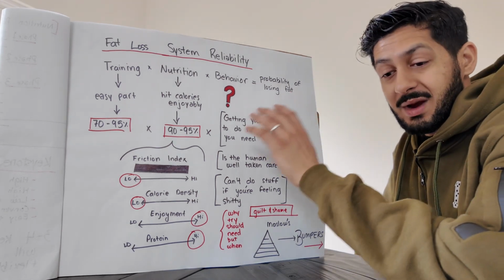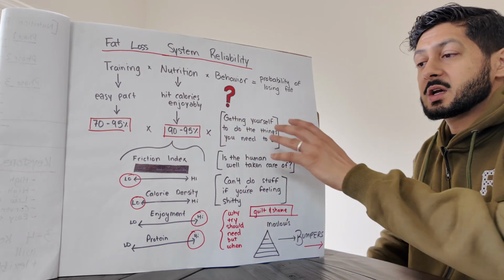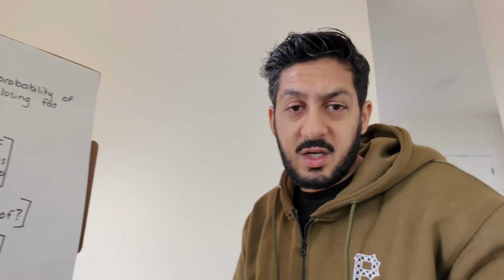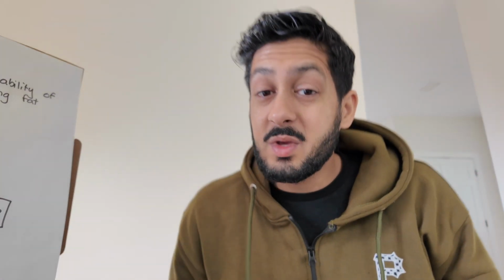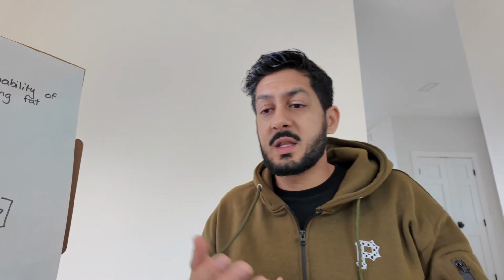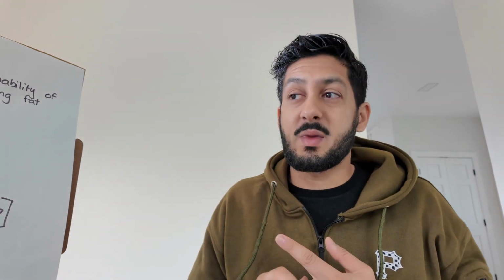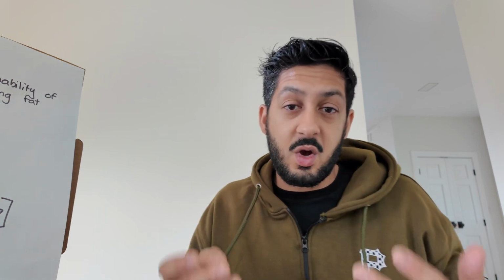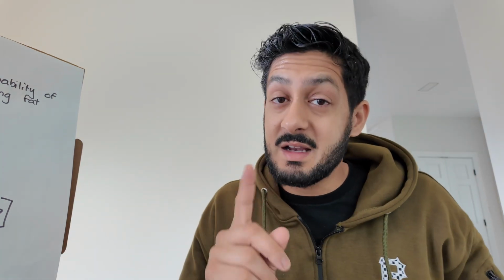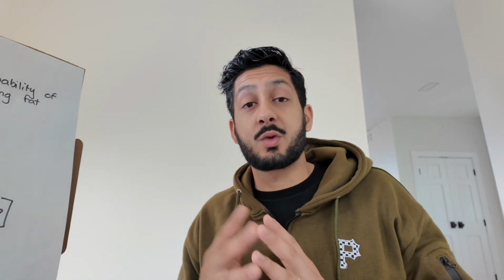Some of the practical implications of this: let's say you have a tough day at work and you're frustrated and you get in an argument. The probability that you go work out, hit your macros, and drink a lot of water tends to go down because we get frustrated. It doesn't have to. We can develop the skills. That's why equanimity is important.